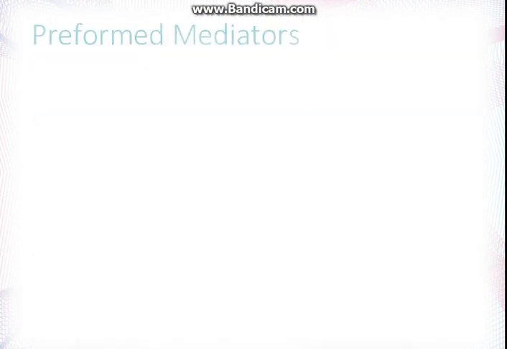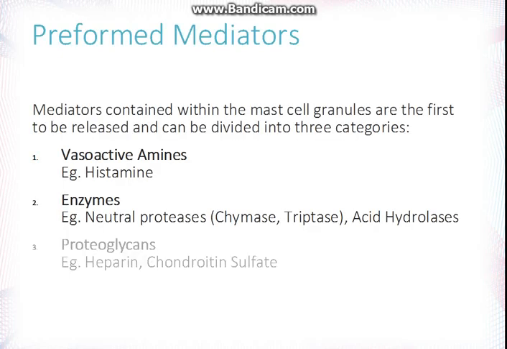Okay. Now going to the mediators, which will cause the clinical features. Now the mediators are divided into preformed mediators, which were preformed in the mast cell granules, and mediators which are formed when the allergen binds to it.